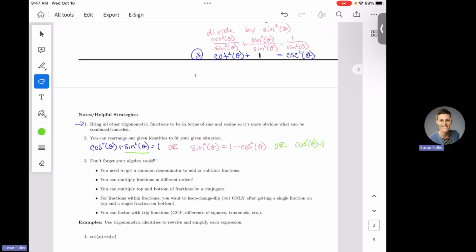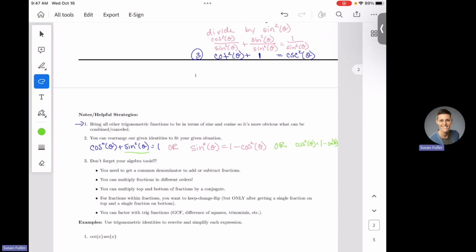On the other side, I would have 1 minus sine squared of theta. Sorry, I'm right at the edge. I'm going to try to slide this over so we can get everything on there. Sorry about that. So we have cosine squared over here, 1 minus sine squared of theta on the other side. Okay.